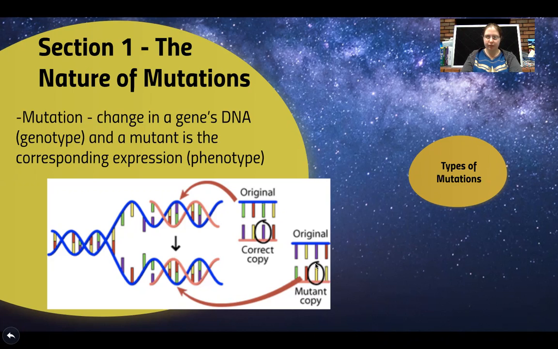Now down here, instead of making a new purple base, it created a change. So here in the original, there's the purple, remember, complementary. And we would expect there to be a green one here, but instead of green, it's a yellow base. So we have a change in the bases.